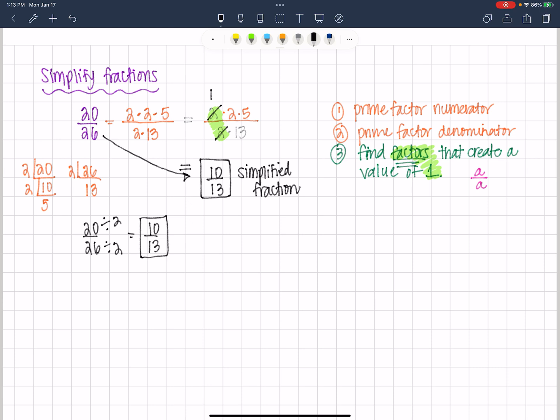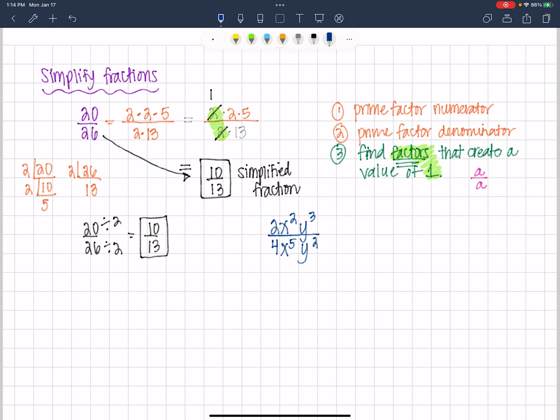And the reason being is because where we're going in algebra, where we end up going in college algebra and beyond, is we have to cancel out, we have to look for values of 1 with problems such as this.